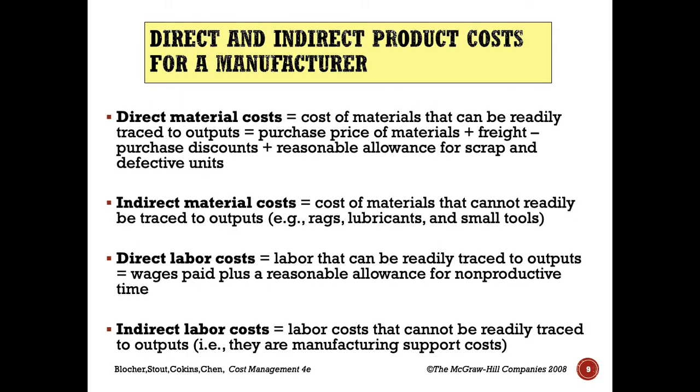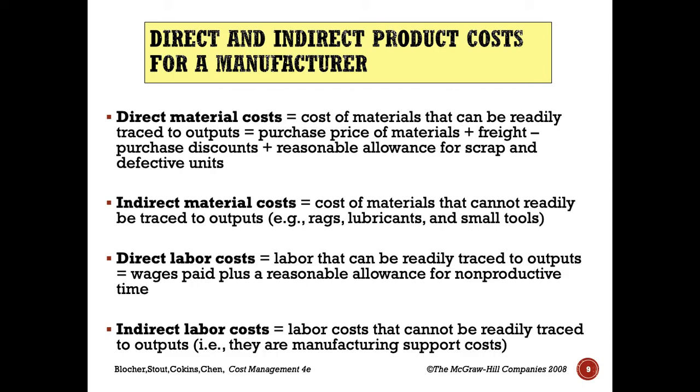Okay, we move to direct and indirect product costs for a manufacturer. Direct material costs include the cost of materials in the product or other cost object, less purchase discount but including freight and related charges, and usually a reasonable allowance for scrap and defective units.